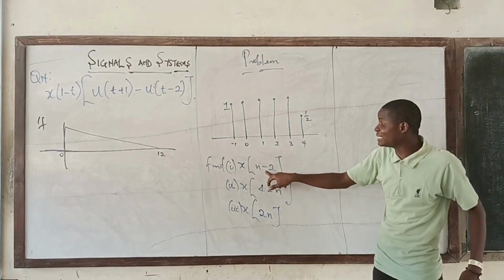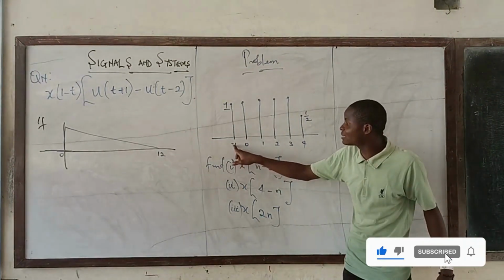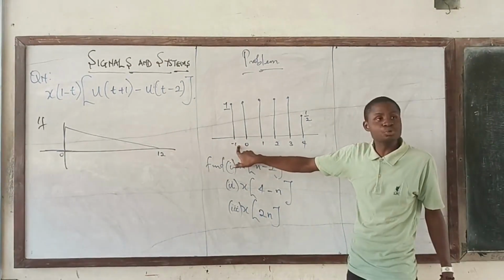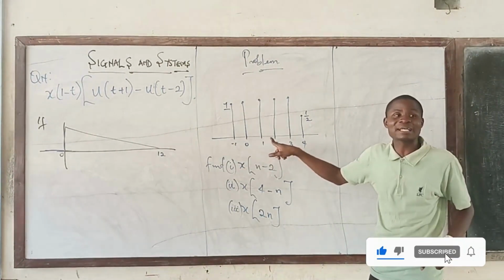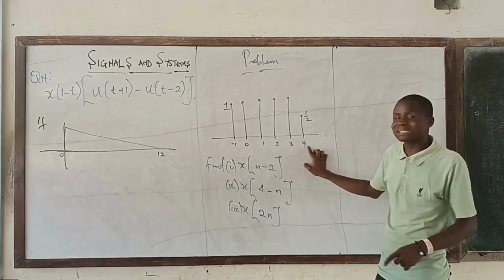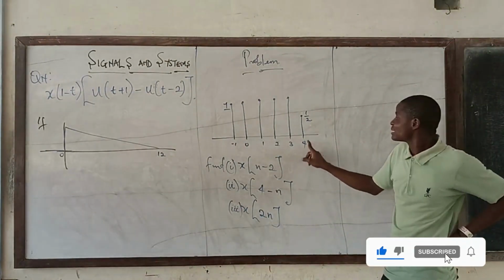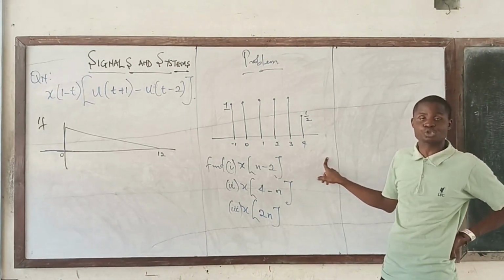So I'm going to delay this signal by 2. I have my signal starting from -1 here. Add 2 to it, that's 1. That means I'm going to be starting the drawing of this signal from 1. Then the last signal I have here is 4. Add 2 to it, we have 6. That means this last signal here will be appearing at n equals 6.